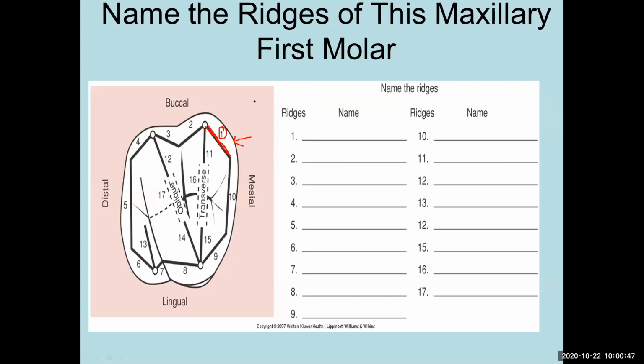Would it be the buccal marginal ridge, mesial marginal ridge? There you go. It's the mesial-buccal cusp. This is the mesial-buccal cusp ridge of the mesial-buccal cusp. Number 4 is the distobuccal cusp ridge of the distobuccal cusp.